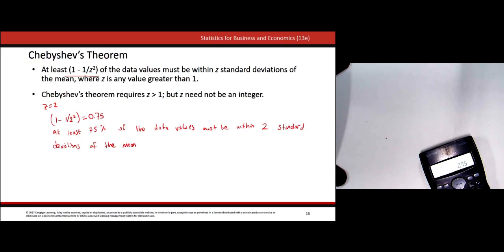Here z doesn't need to be an integer, but it needs to be larger than 1, because if z is 1, then this is 0. It needs to be larger than 1.